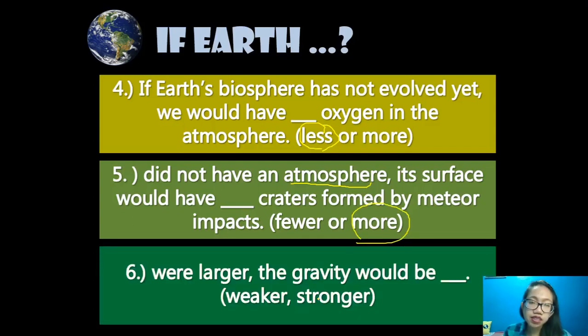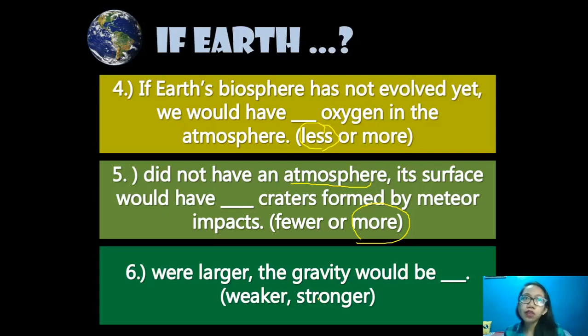Okay, number 6, if Earth were larger, the gravity would be weaker or stronger. Okay, so this is a sort of a physics question. The gravity of an object is proportional to its mass, meaning the bigger the object is, or the more mass the object would have, the more gravity it would have.